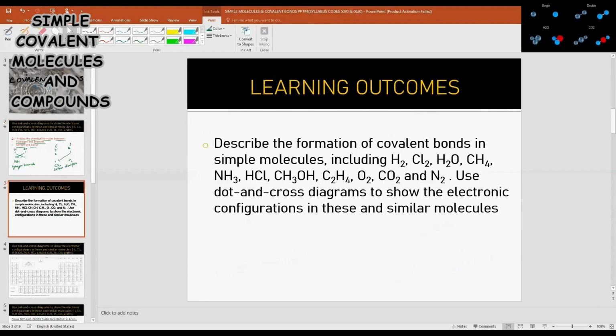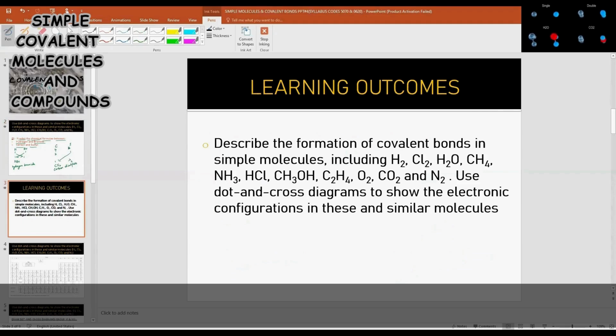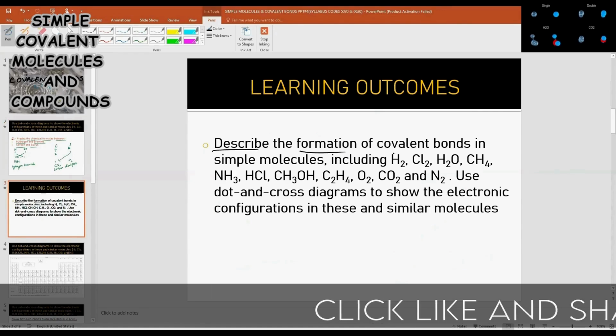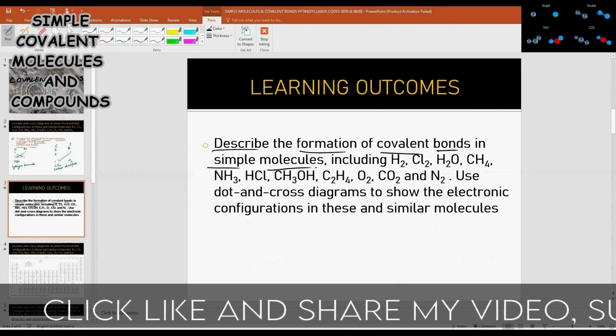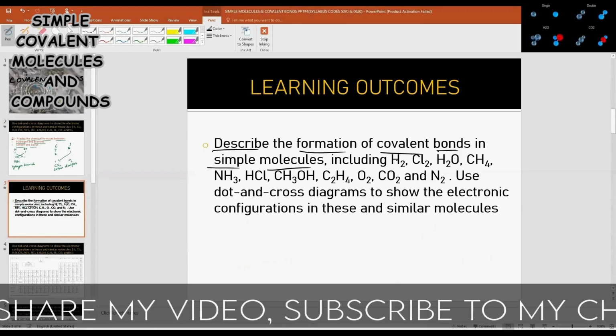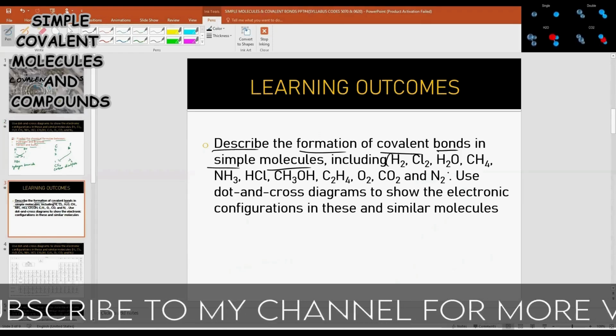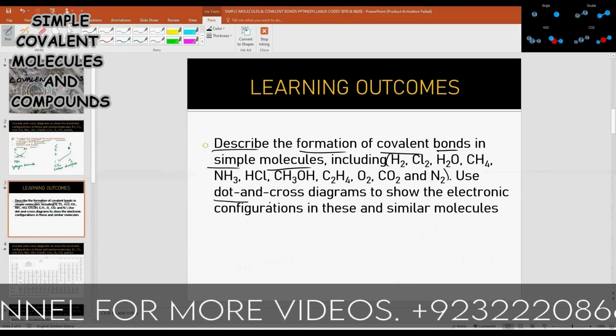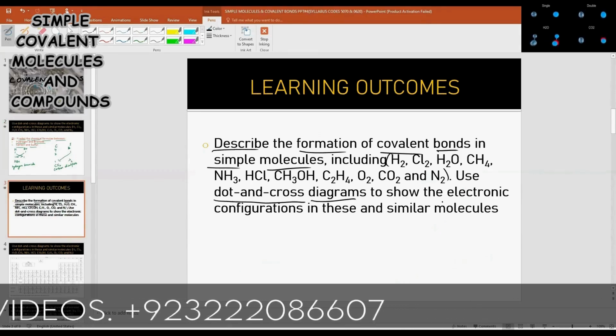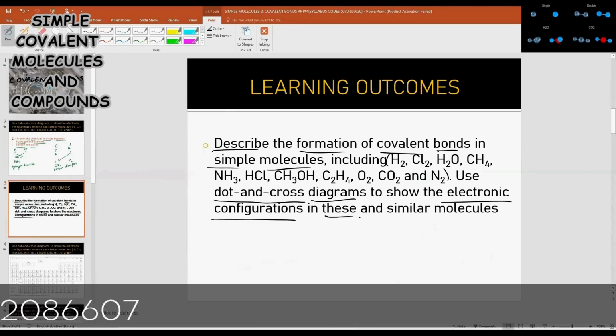The learning outcome is same for this lesson. That is, describe the formation of covalent bonds in the simple molecules, including these molecules starting from H2 ending on N2. Use dot and cross diagrams to show the electronic configurations in these and similar molecules.